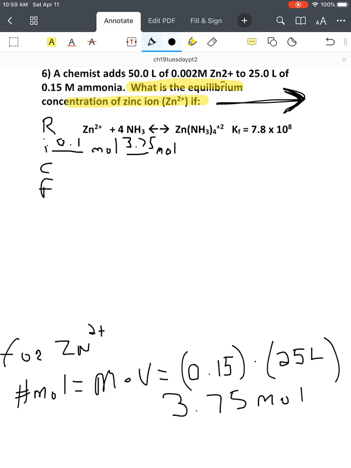Now, before the reaction takes off, I'm not going to have any of my complex ion, am I? But now we assume that because the Kf is such a big number, the reaction goes far to the right.